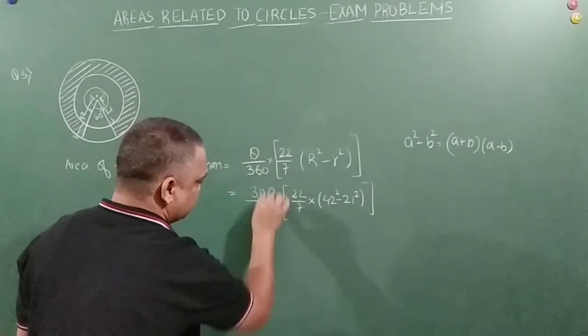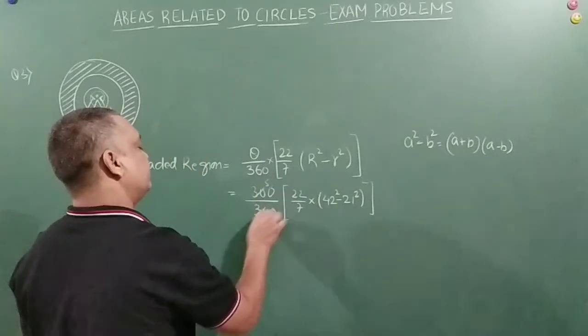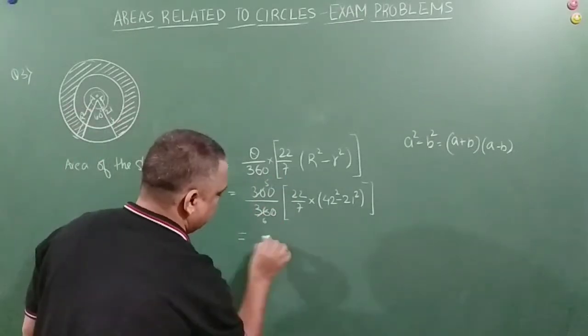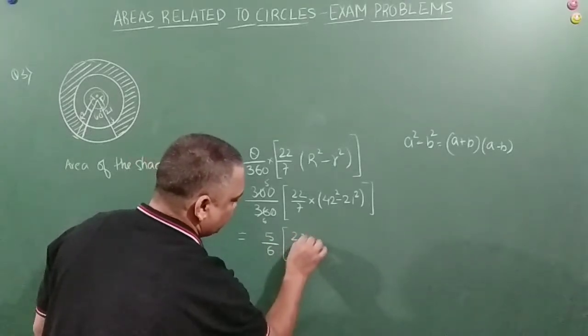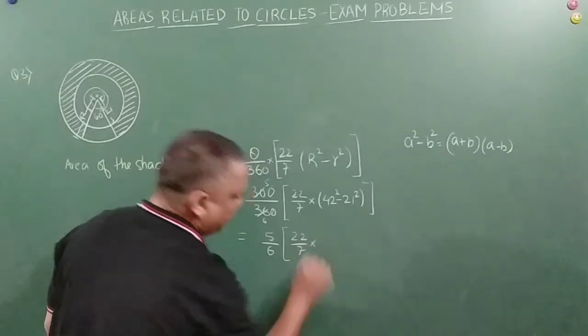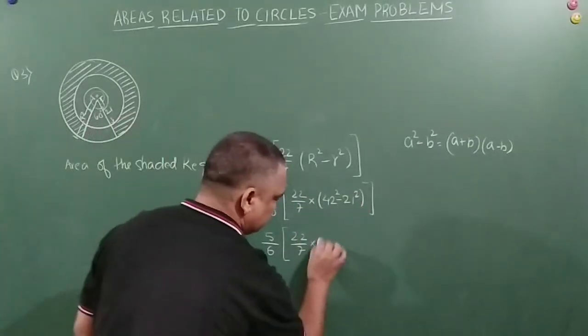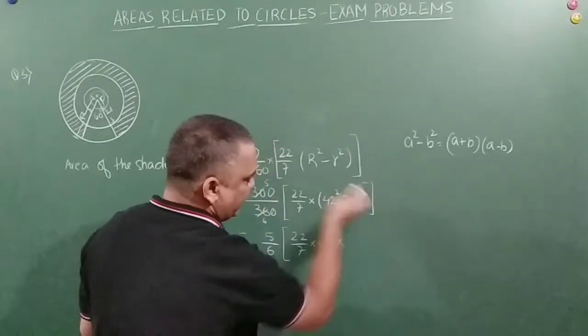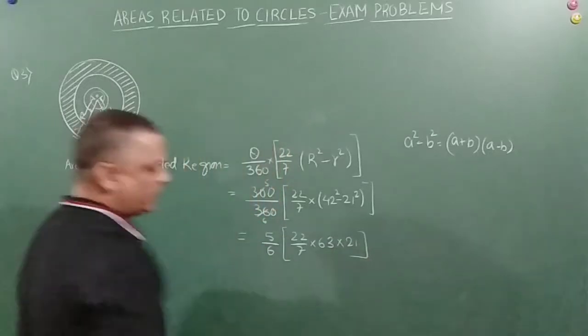Now this, and then we can cancel 5, 6. I have reduced it to 5 by 6, right? 22 by 7 into a plus b, this plus this is 63. A minus b, that is equal to 21. Got it?